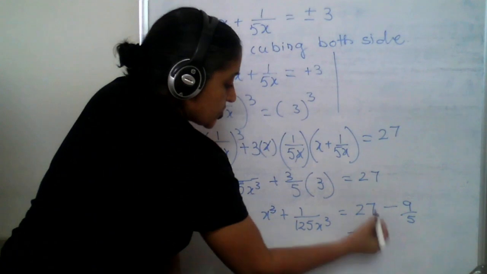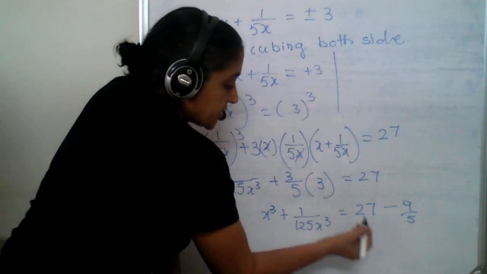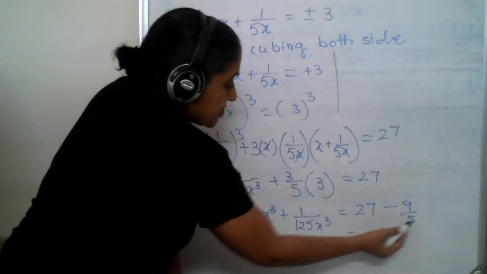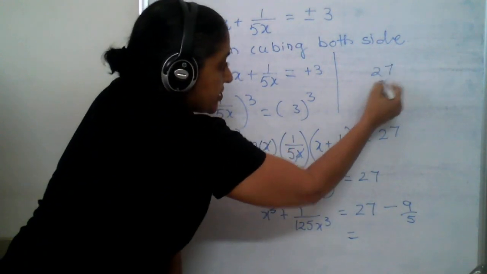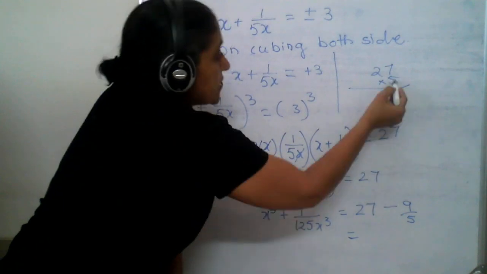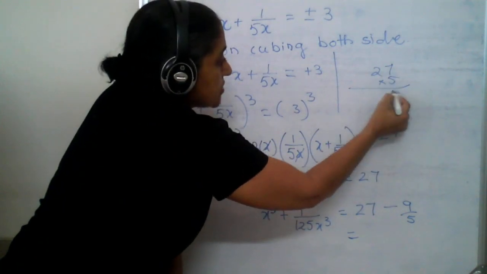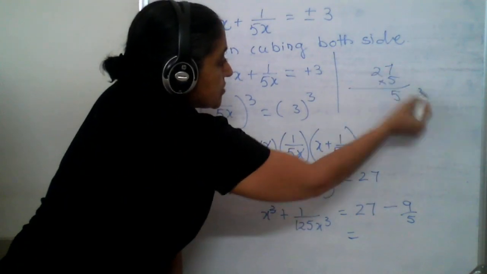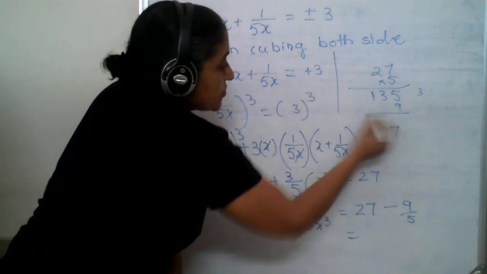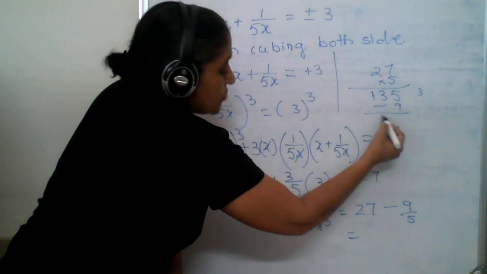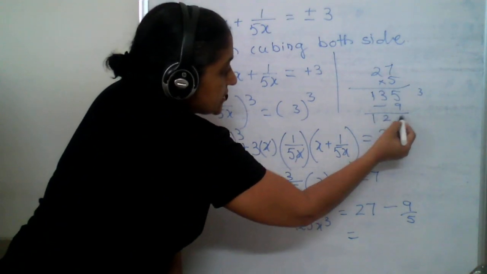27, and this will be 1, how is it 120, 27 into 5. Okay, let me show you. 27 into 5, what do we get? 135. 135 minus 9 you are supposed to do. If you do minus 9, what you get is 126.